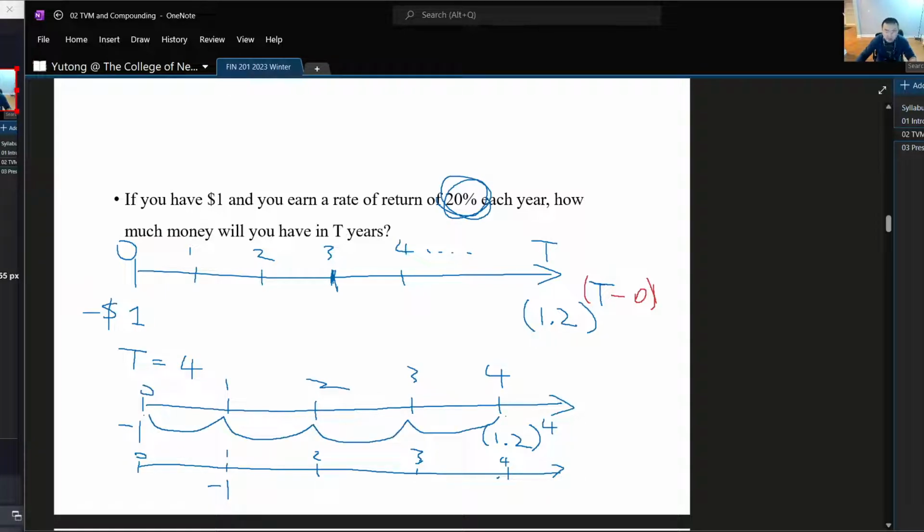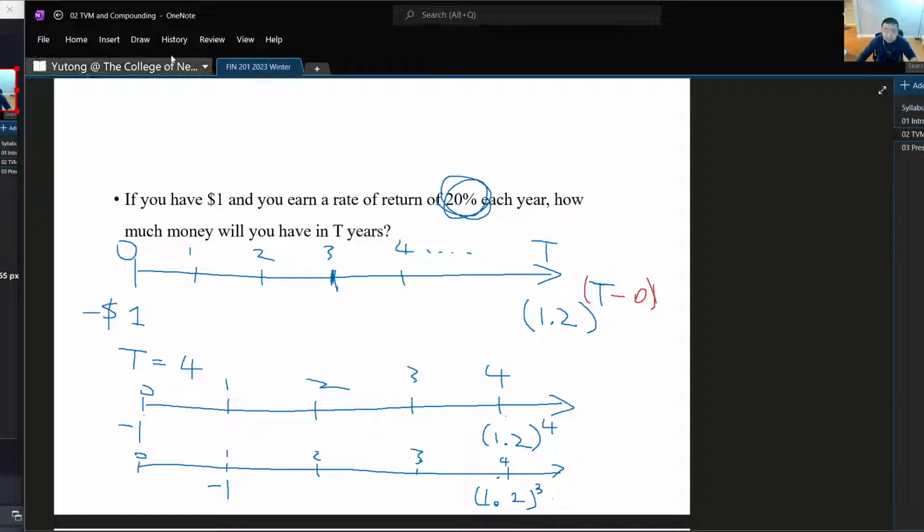So from time 0 to time 4, 4 years has passed. But from time 1 to time 4, only 3 years has passed, right? So 1 year, 2 years, and 3 years. Only 3 years has passed. So the value we're gonna get is 1.2 to the power of 3.